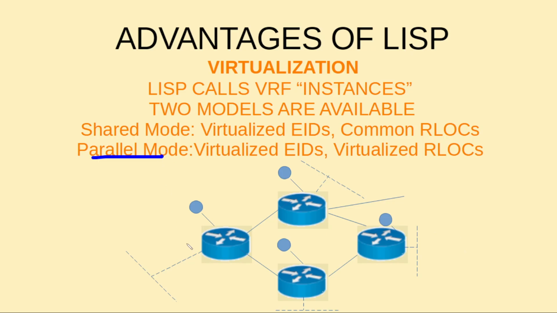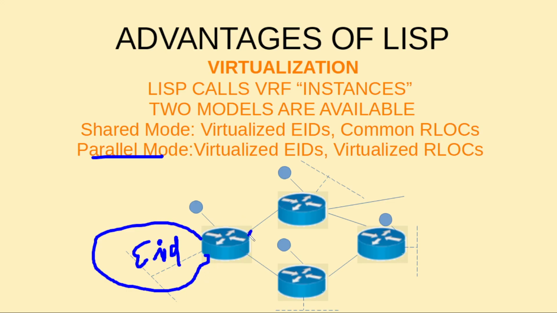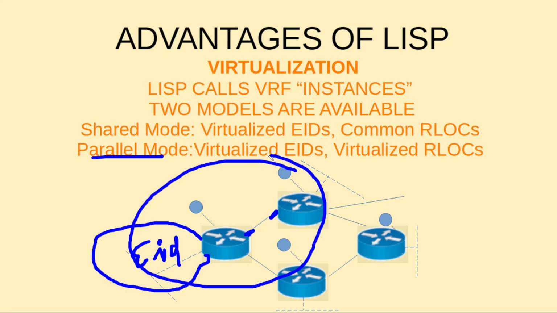With the parallel mode, we can have this endpoint ID that belongs to the blue VRF or blue instance, but at the same time, we can assign these RLOCs to the blue VRF or blue instance. That means that we are also able to virtualize the RLOC domain.